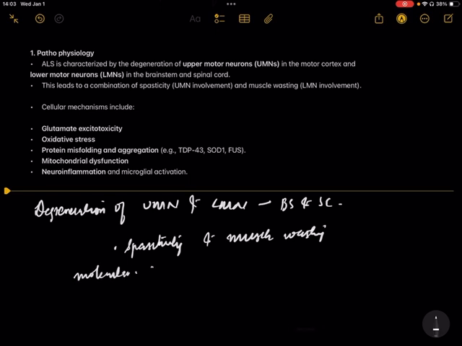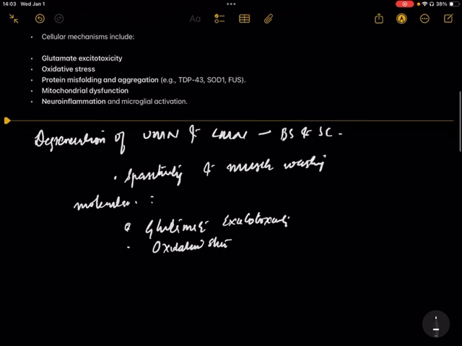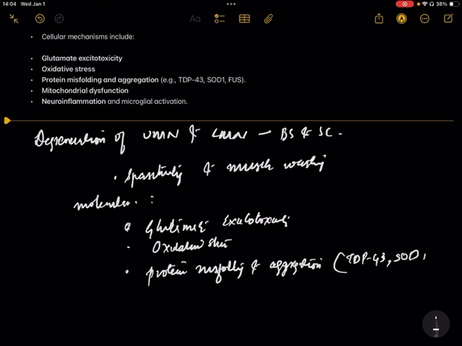Looking into the molecular and cellular mechanisms, it is due to glutamate excitotoxicity. Second is oxidative stress. Next is protein misfolding and aggregation. These involve proteins such as TDP43, SOD1, FUS.